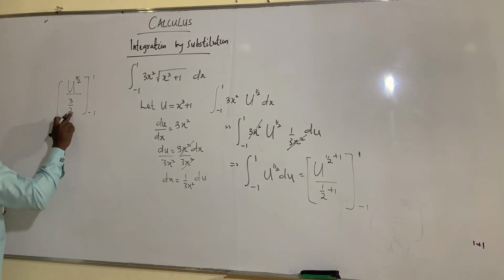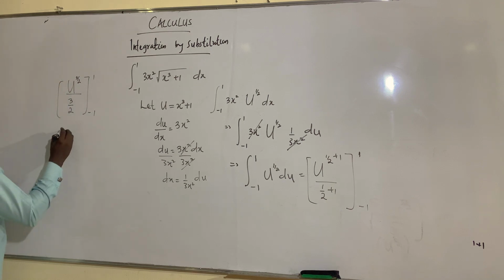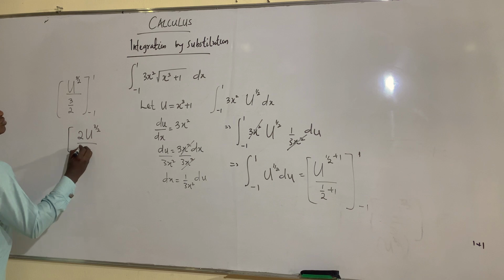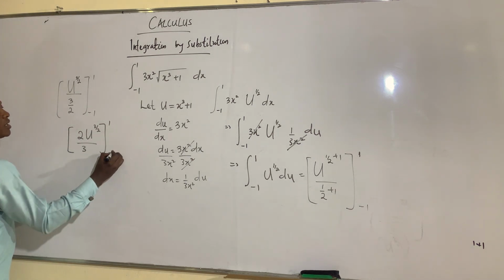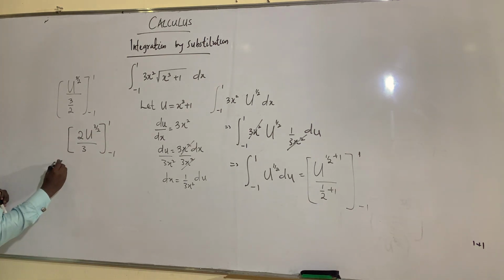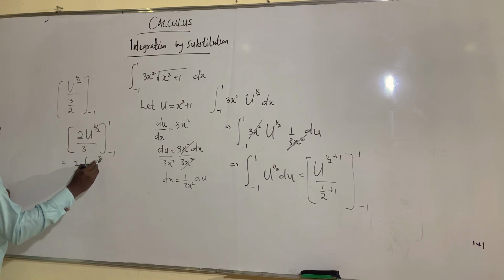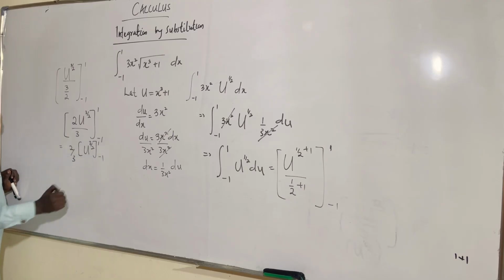Even before that, we can move this upward. If I move that one upward, I can have this to be 2u to the 3 over 2 over 3, from minus 1 to 1. So I can factor out this, and I have 2 over 3 u raised to the power of 3 over 2, from minus 1 to 1.